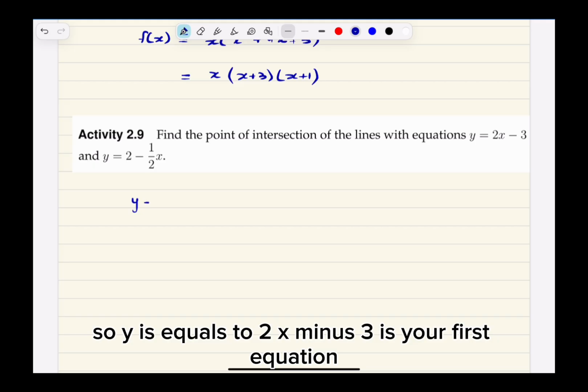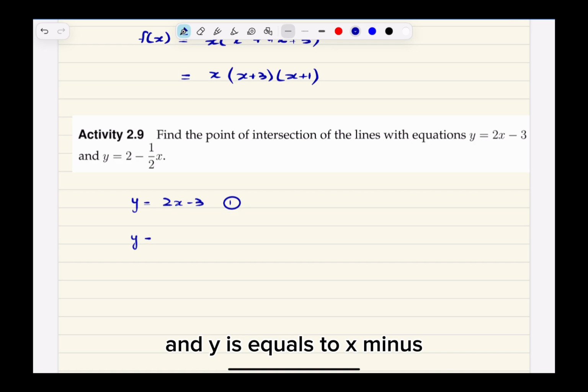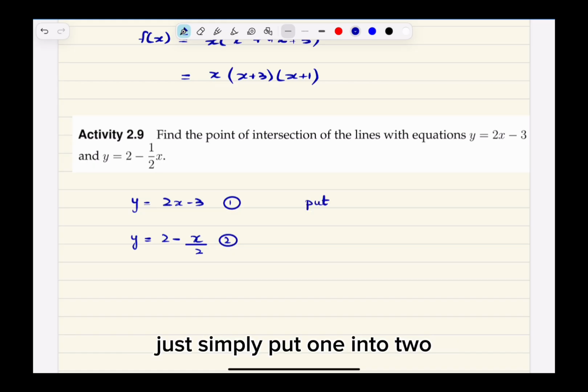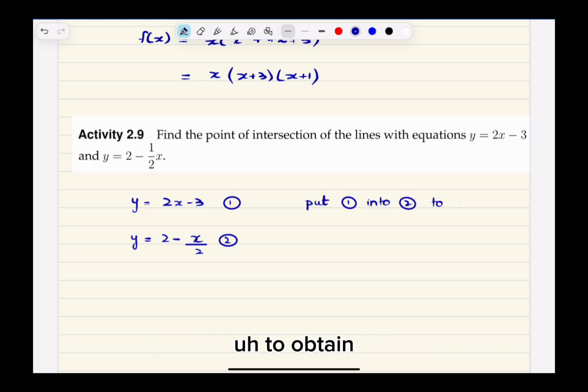So y equals 2x minus 3 is your first equation, and y equals 2 minus x over 2 is your second equation. Just simply put 1 into 2 to obtain the answer for x. Let's do it.